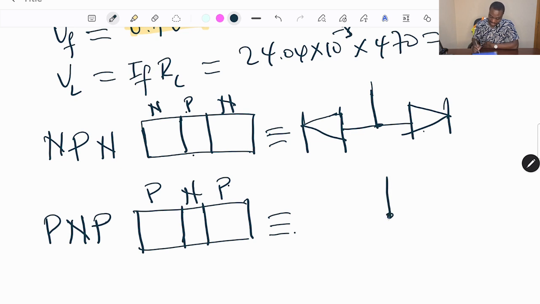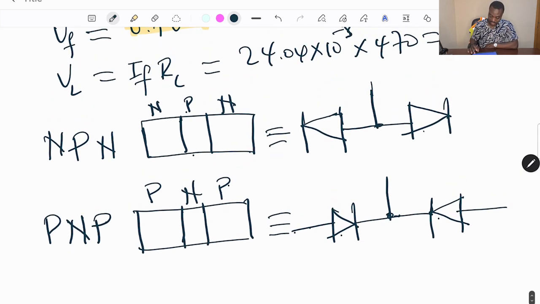Again, here we can see that we have PN, so that means I can have this here. And then you can see that I have NP, or you can say PN as well. So this becomes the two-diode equivalent of this PNP.